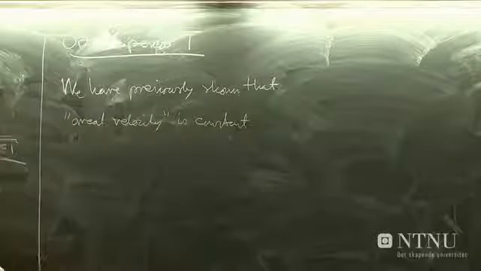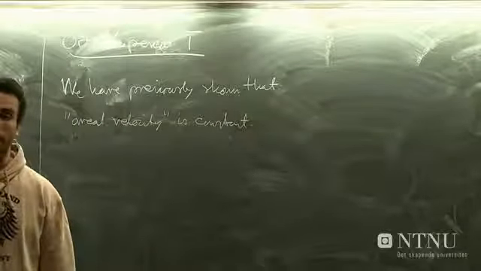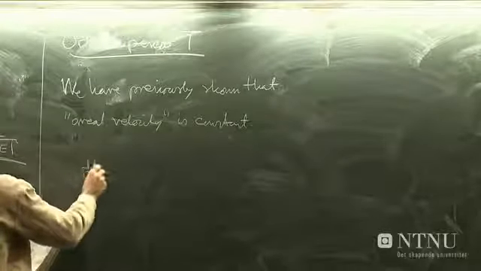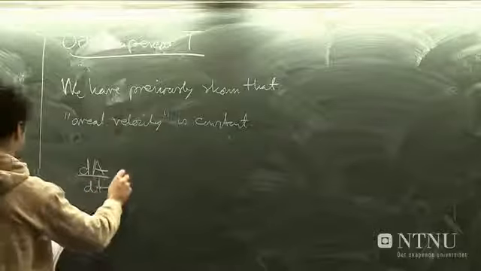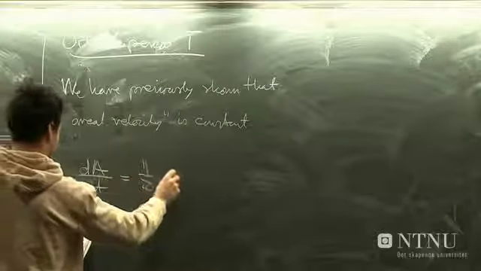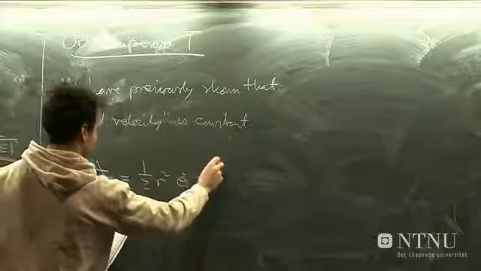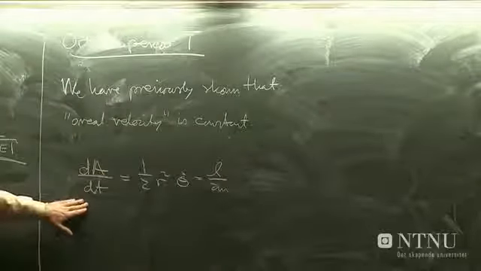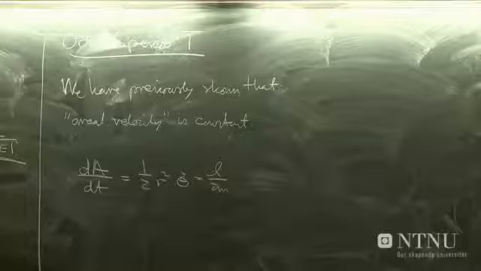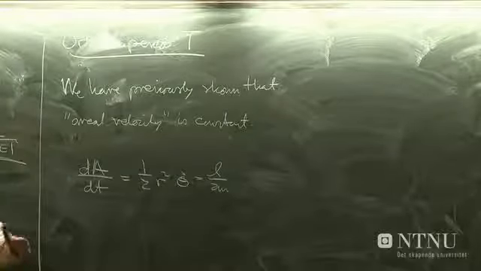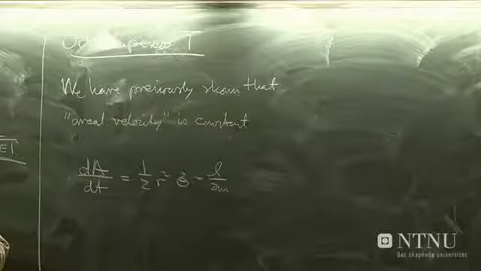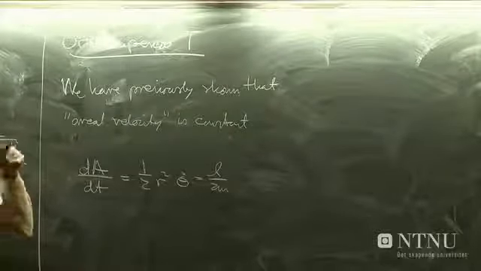Or expressed alternatively, we can say that the areal velocity is constant. Like this. So the area dA swept over time dt is constant at all points in the trajectory.